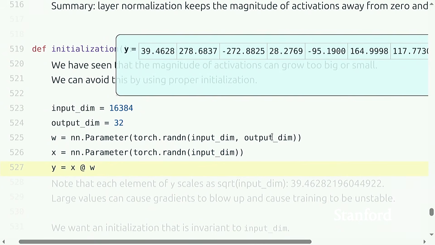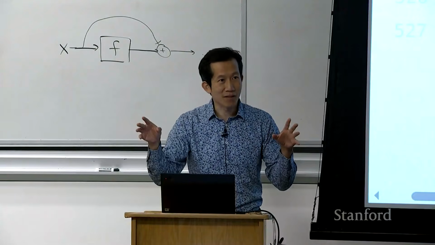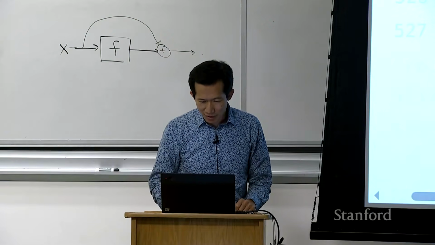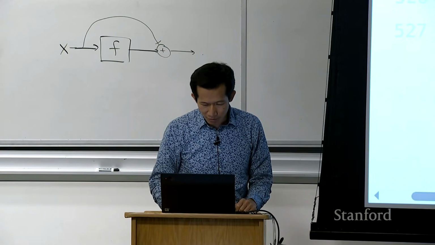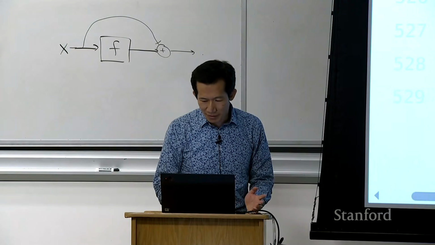For every output, you're taking the dot product between two input-dimensional vectors, and the input dimension is 16,000, which means you're adding 16,000 standard normal variables. If you remember your probability, the magnitude of that scale is roughly the square root of that, which can be quite large, and that can be unstable.